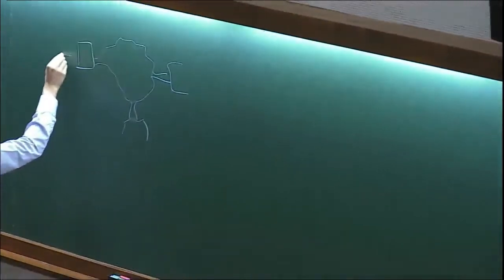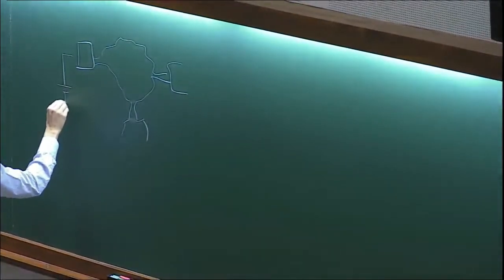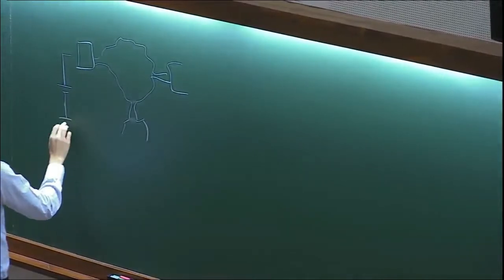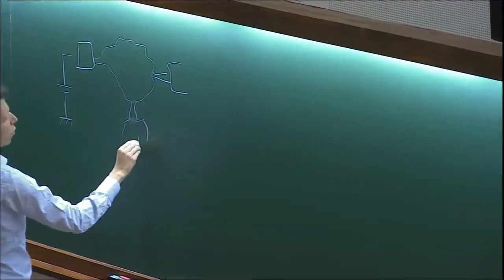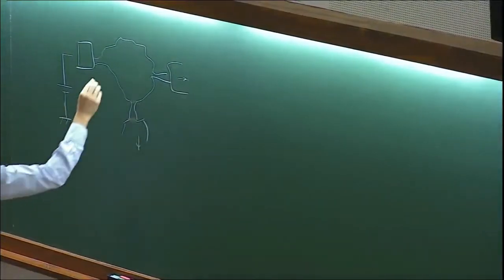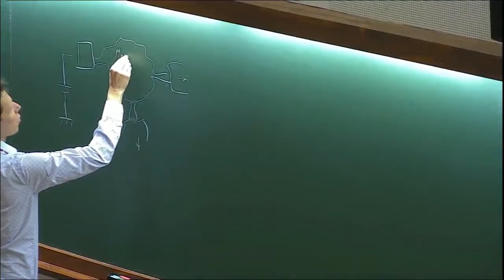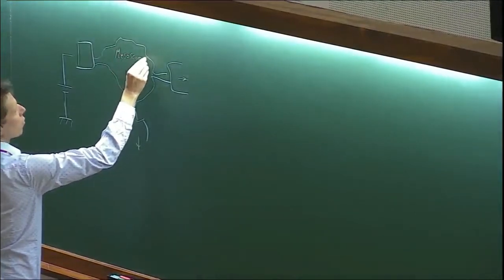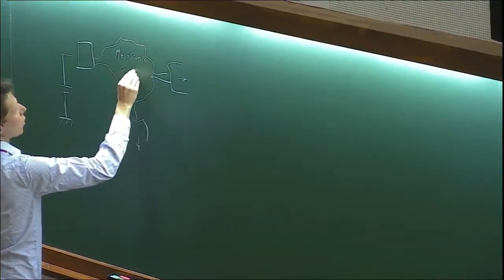You can, let's say, bias this reservoir with a battery here, and look at the current flowing here and here, for example. So this is a generic mesoscopic circuit, and here you will have some reservoirs.